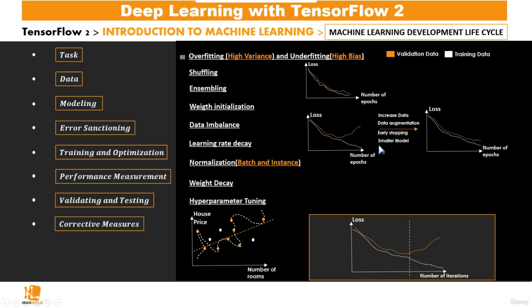Then the next, we could reduce the model size. Coming back to this example, we will see clearly that this first model, or this first line here, obviously has fewer parameters as compared to this more complicated model right here.